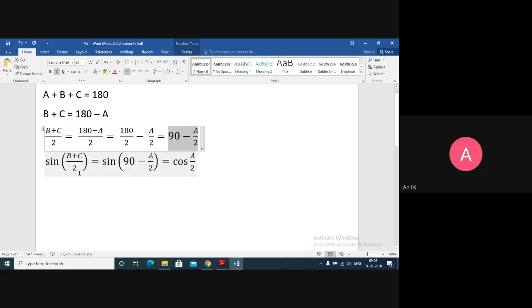So sine (B plus C) by 2 equals sine (90 minus A by 2). The sine 90 minus theta formula is cos theta. Here theta is A by 2, so cos theta means cos A by 2. So this is question number 6 of that exercise.